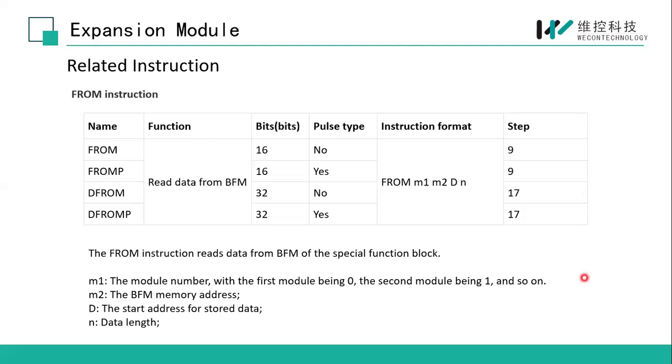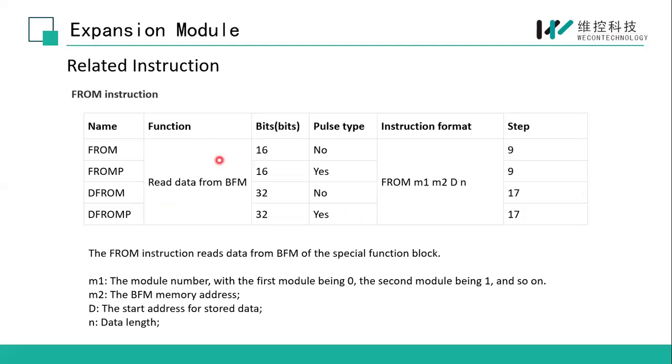When we use this module, we need to use some related instructions. The first instruction is FROM. This function reads data from BFM, which is the memory address of the module. And you can see it here.